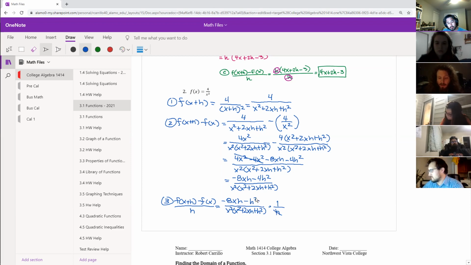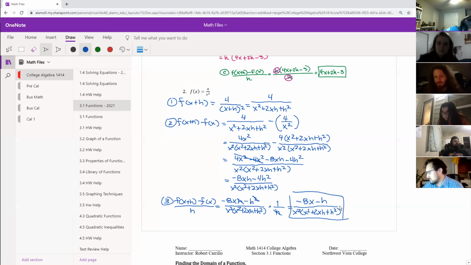And then I will cancel one copy of that h and that entire h. So this will be equal to negative 8x minus 4h divided by x squared times the quantity x squared plus 2xh plus h squared. And that's our final answer.